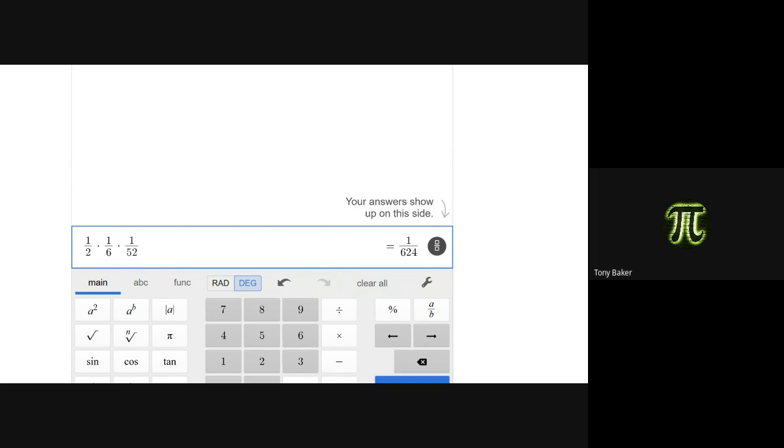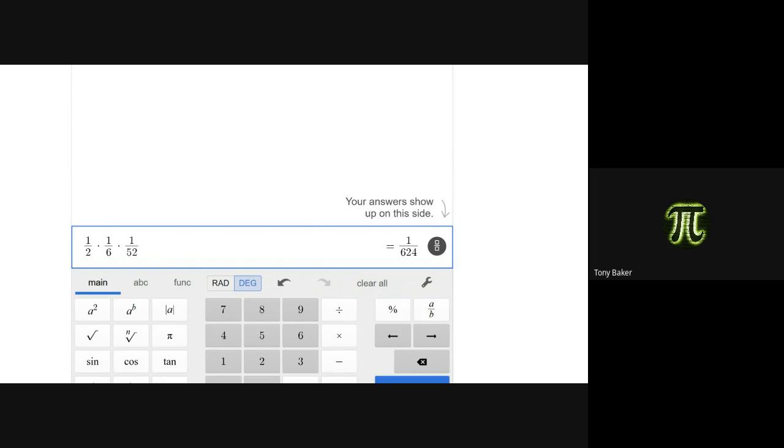So unless the problem asks you specifically for a decimal and tells you what to round to, leave them as a fraction. Even if it asks you for a decimal, do all your work as fractions until the very end. Because if you did 1/52 and changed that to a decimal and used it, you're going to round in the middle and you might get the wrong answer at the end.